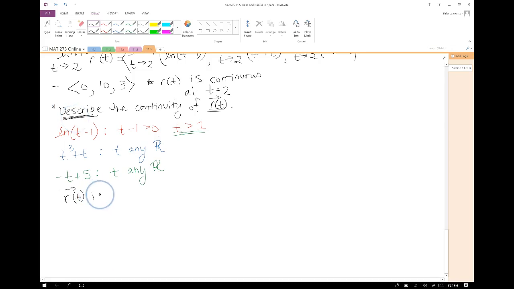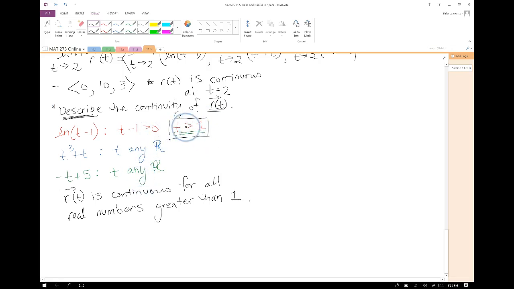So r of t is continuous for all real numbers greater than 1. Since this was the only restriction we found within our components.